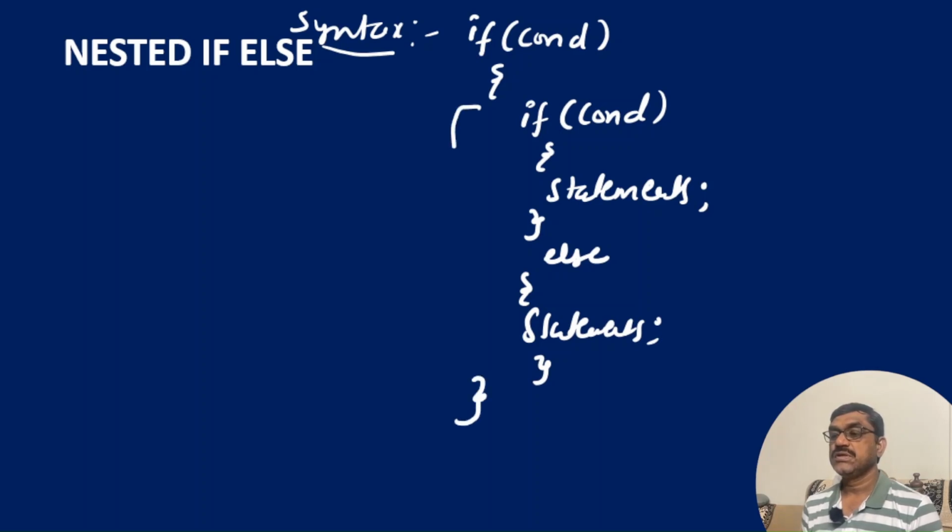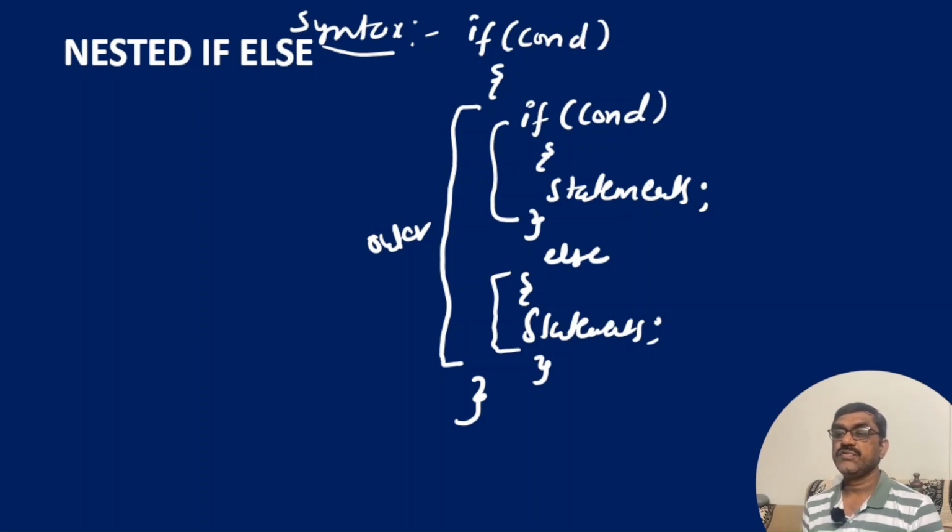Now here, closing brace. So this is outer. Within this outer if, we have if block and else block. Now, after this outer if, in continuation, we have outer else.